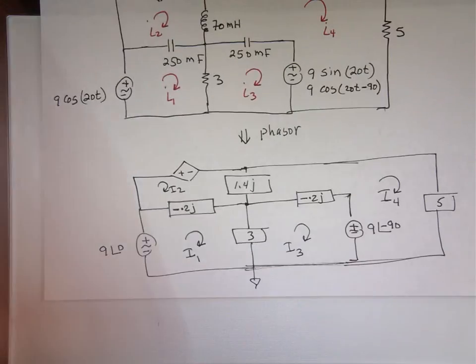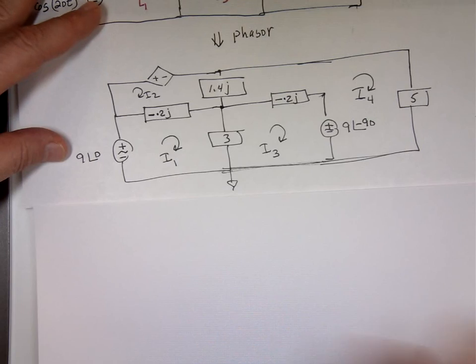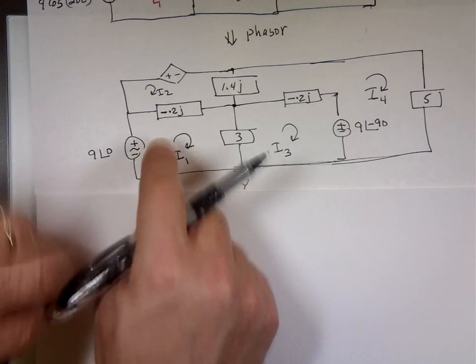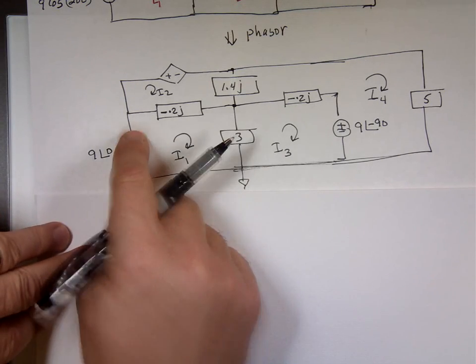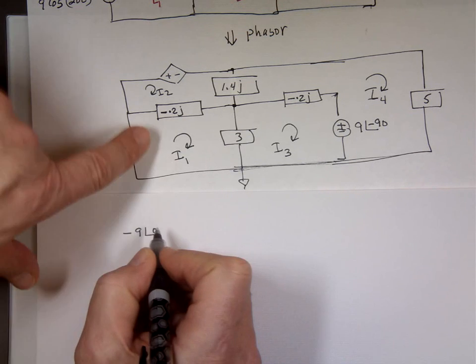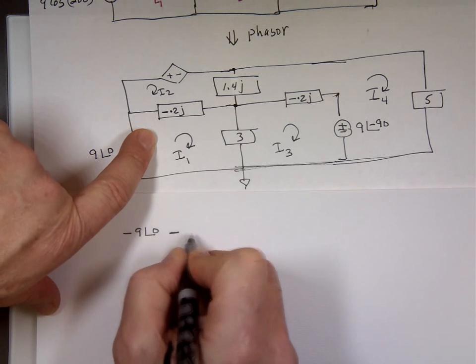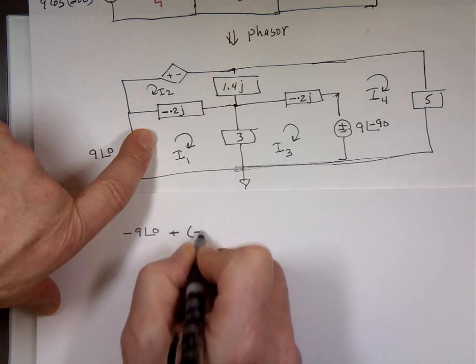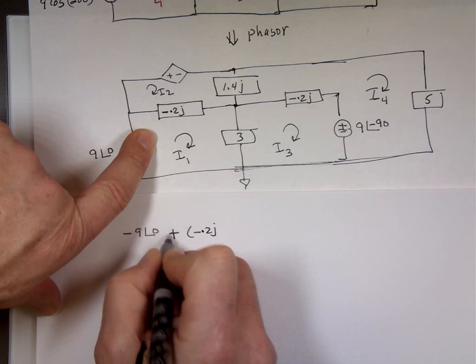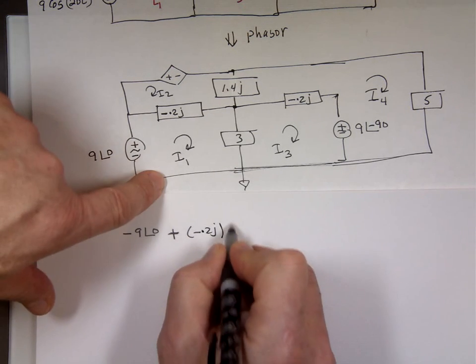Here we go. Let's begin with this loop first. Minus to plus, that's a minus 9 angle 0. We're looking at this one. So this is minus, I'll go like this, negative 0.2 j, that's a plus, times I1 minus I2, the current going through it.